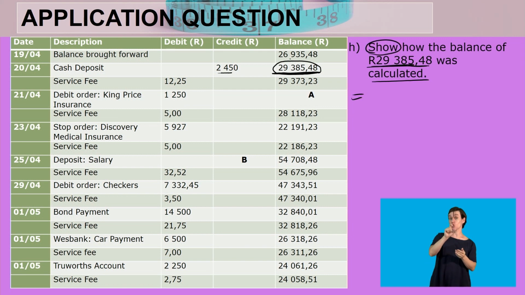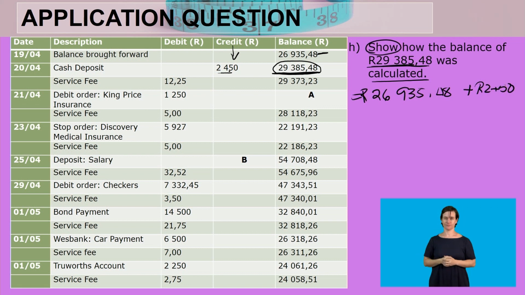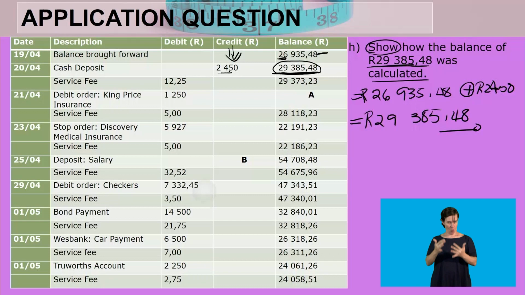So we are going to use the balance brought forward. This transaction was made on credit, and a credit is when money is being deposited. So we have 26,935 rand 48 cents plus 2,450. We add this amount because it appears under credits, so it increases the balance to 29,385 rand 48 cents. That's how this balance was calculated.